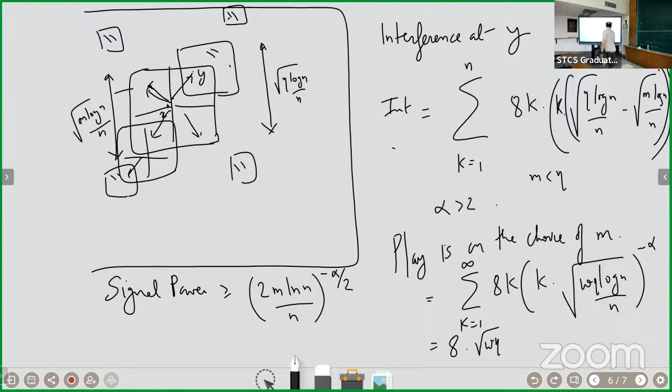Even logging by n log. So it is not constant. As long as alpha is greater than 2, this series converges. All I have to take is the ratio of the two. So let's try step.